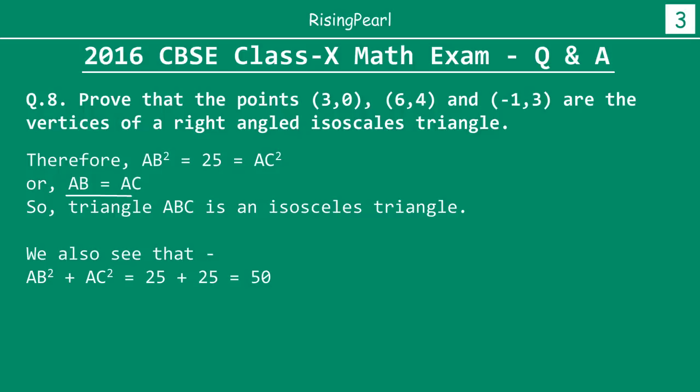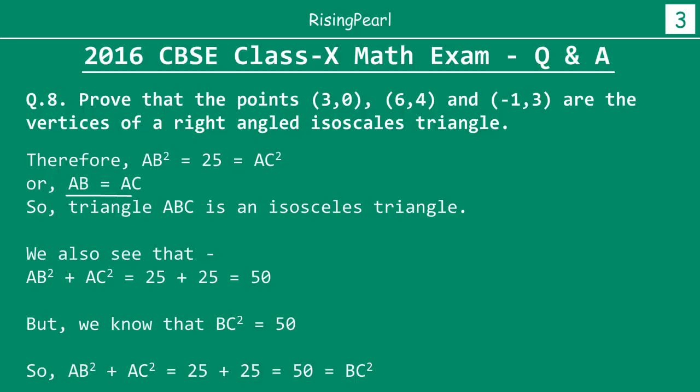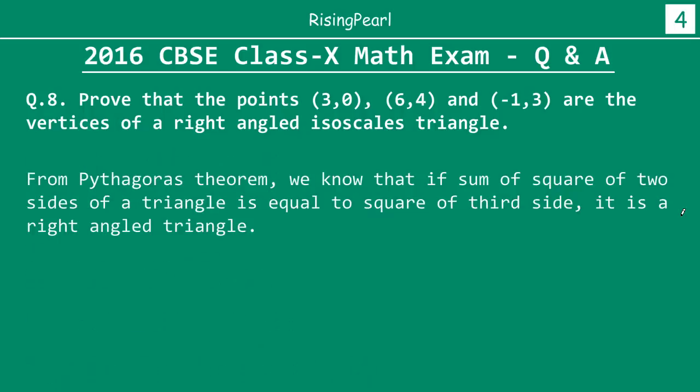When we looked at each of these sides, we realized BC square is 50. So AB square plus AC square is the same as BC square. Clearly this is a right angle triangle because from Pythagoras theorem, if the sum of squares of two sides of a triangle is equal to the square of the third side, then it is a right angle triangle.